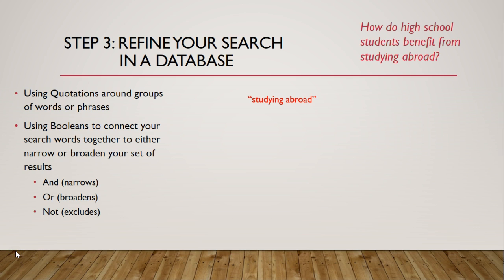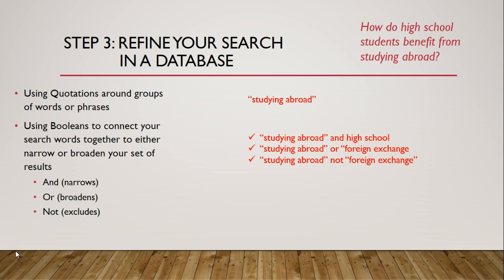The second way that we could refine the search within a database is using Booleans to connect your words together to either narrow or broaden your set of results. The three Booleans that we could use are and, or, and not. And is going to narrow down the results.